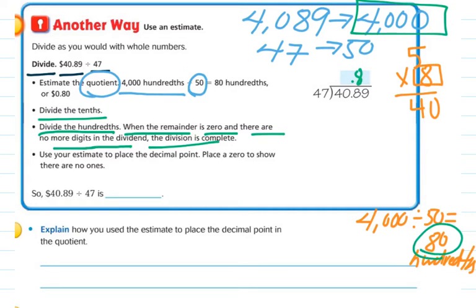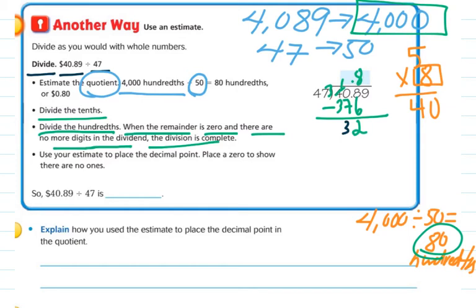So we know that 8 times 47 would give us 376. And now we're going to subtract. 8 minus 6 is 2. We can't do 0 minus 10, so we're going to regroup from the 3. 10 minus 7 is 3.